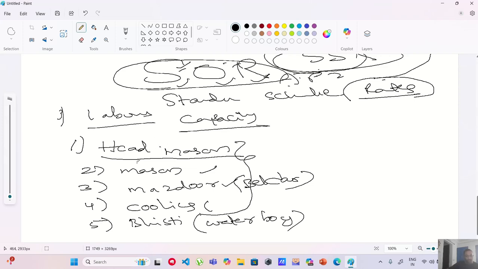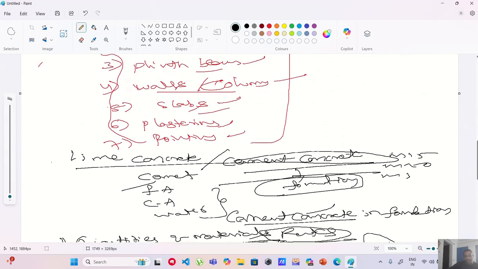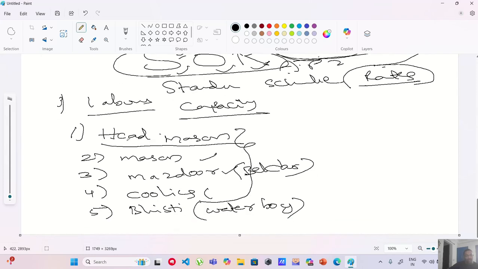So how much capacity is required to construct this cement concrete in foundation by means of a head mason? Not fully required, just half capacity is required. What is this half capacity? His presence is only half a day. Okay, half day, his presence is enough.